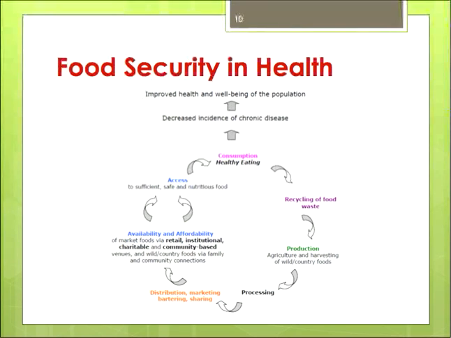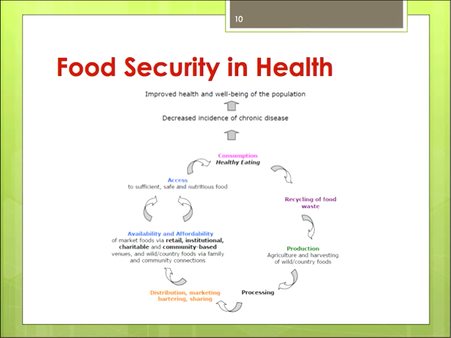Then we need to help our health partners understand that healthy eating doesn't happen in isolation. Healthy eating is an integral part of the food system's continuum. This shows that the food that we produce, process, distribute, market, and make available will influence the food that we consume.